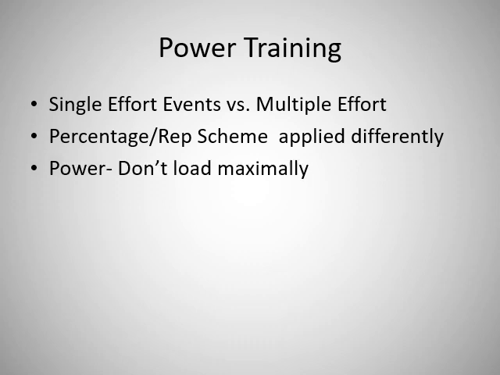For power purposes, you don't want to load them maximally because you want a certain speed of movement. We'll talk about how you can modify that in some other discussions later this year. For the most part, you don't want to necessarily do a maximal load for power. Maximal loads help improve power, yes, but not directly. They work more for maximal strength.